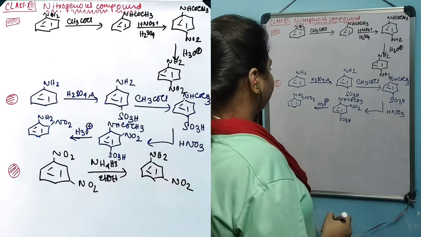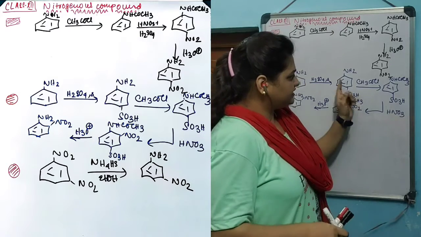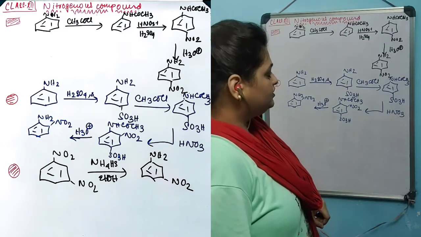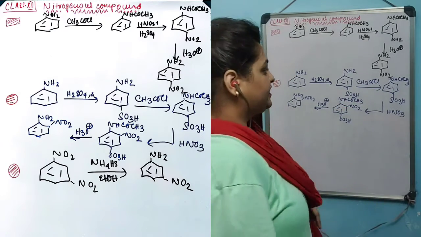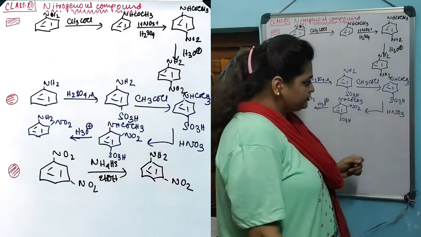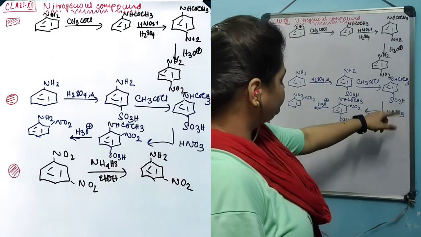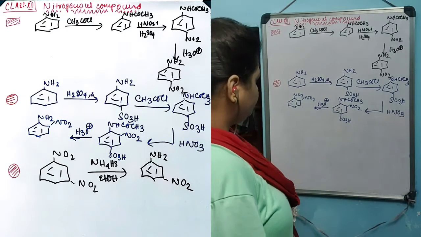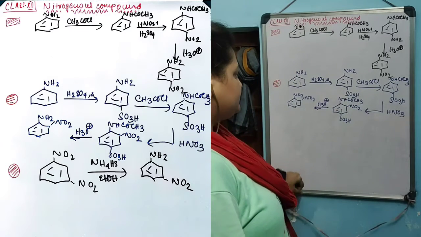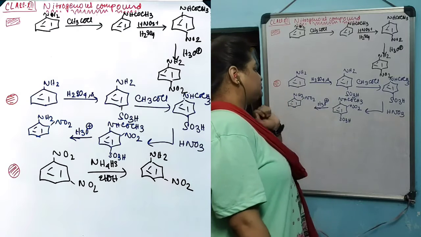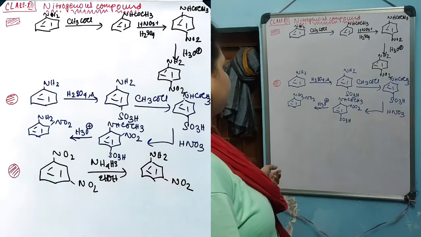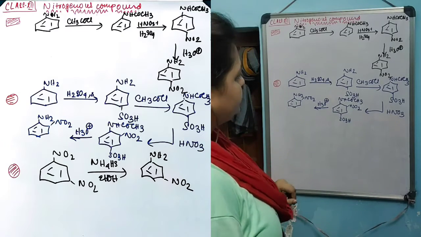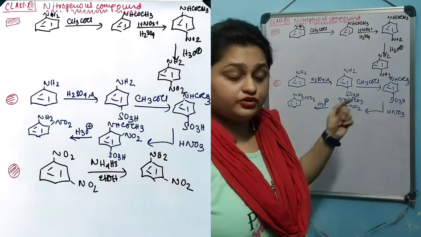Aniline is at first sulfonated at the para position, then acetylated with the help of CH3COCl, and this group will be formed to reduce the reactivity of aniline. As the para position is blocked, when we do nitration, the ortho position will be occupied by the NO2 group. At the end, acidic hydrolysis will revert back to the aniline compound with an ortho-nitro substitution. So this is how ortho-nitro substituted aniline can be produced.